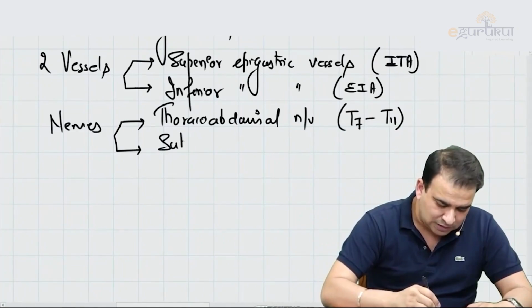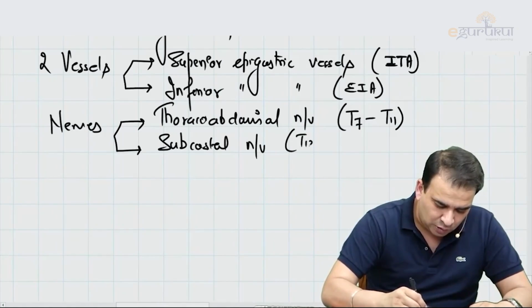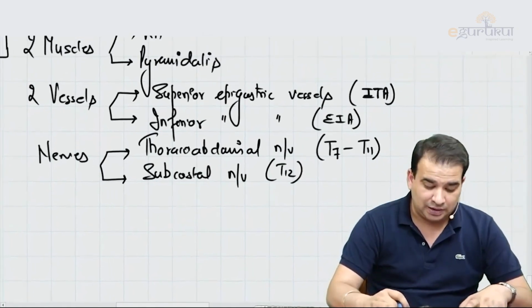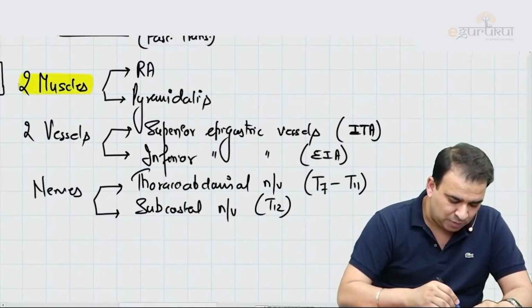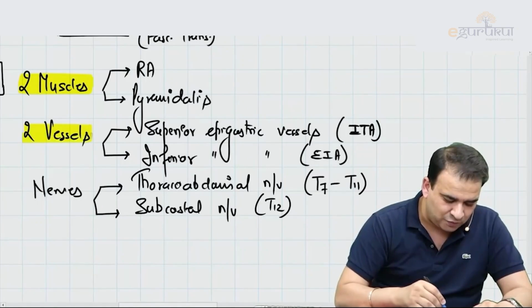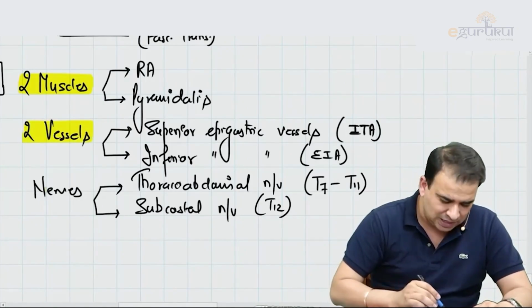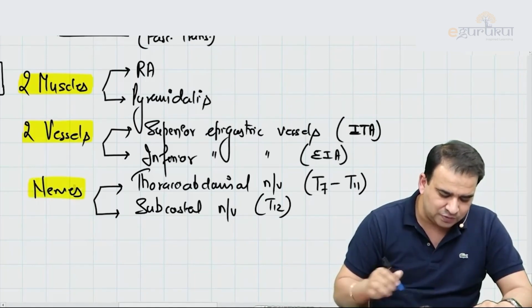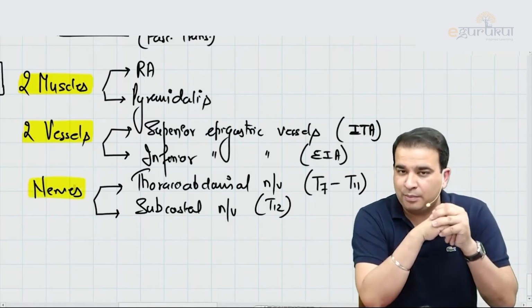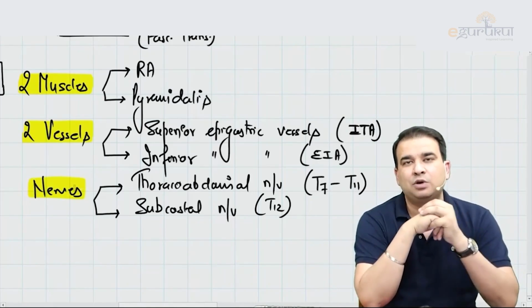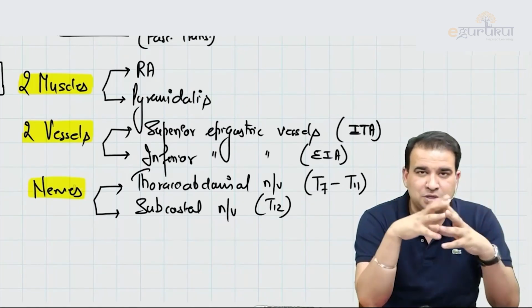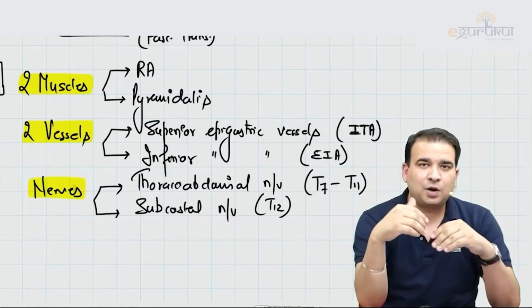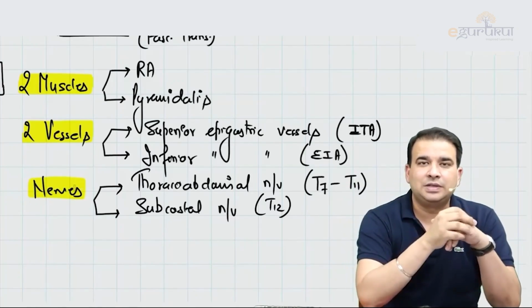And of course, the subcostal nerve, the T12, is also a content of the rectus sheath. So here are the contents: the two muscles, rectus abdominis and pyramidalis, the two sets of vessels, superior and inferior epigastric vessels, and the two types of nerves, thoraco-abdominal nerve and subcostal nerve. That is about the rectus sheath, the formation, the difference above and below the arcuate line, and these are the contents of the rectus sheath.